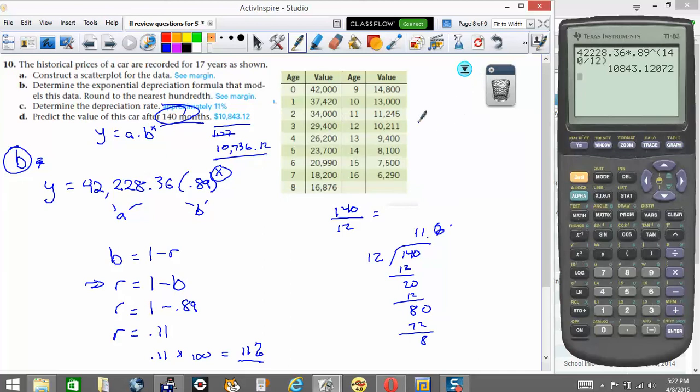So again, it was 42,228 and 36 cents times 0.89 raised, don't forget that caret, to the 140 over 12 power, which gave you 10,843 and $1.02.